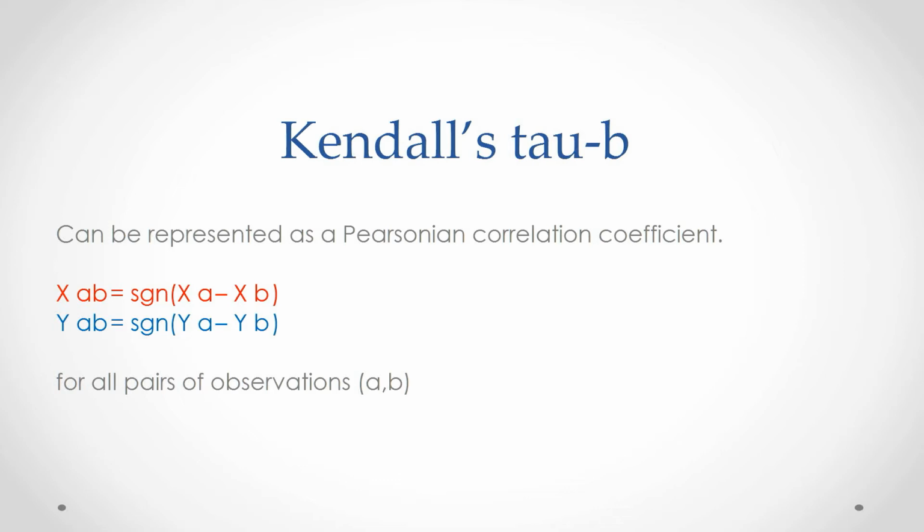Summation over A not equal to B of XAB squared is given by 2 into n into n minus 1 by 2 minus Tx, and similarly for the summation over A not equal to B of YAB squared. The summation over A not equal to B of XAB is equal to the summation over A not equal to B of YAB, which is equal to 0, and the implication of all this is that tau b hat can be written as C minus D over square root of n into n minus 1 by 2 minus Tx, into n into n minus 1 by 2 minus Ty.